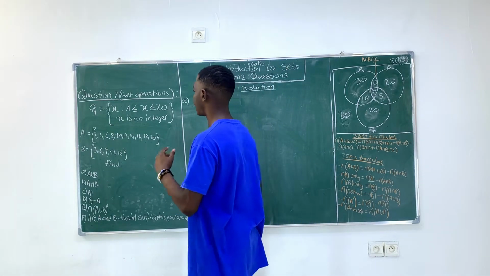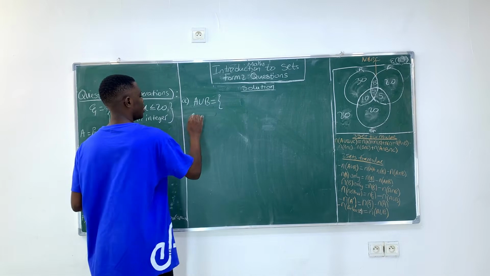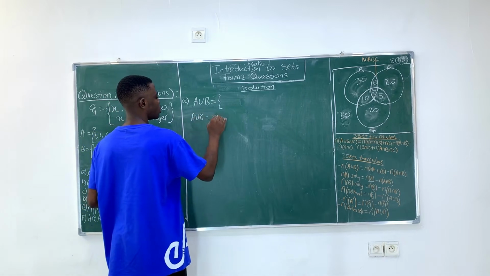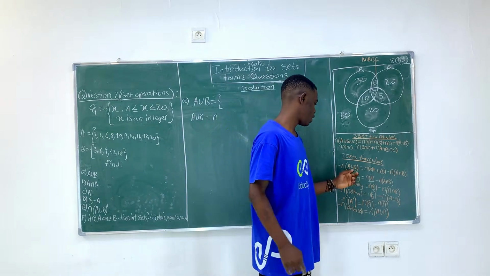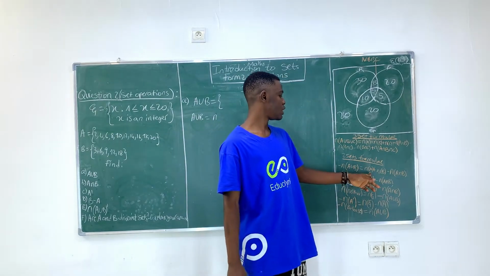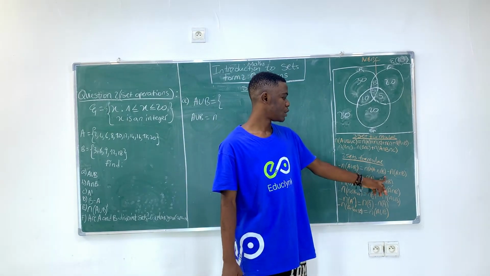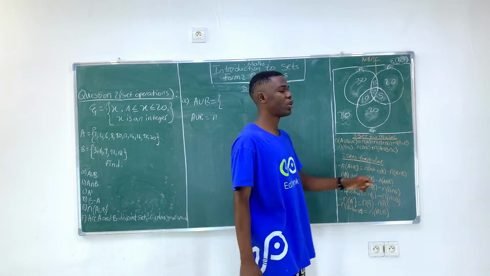So actually, what is the formula for A union B? A union B is equal to, I think it is here, yeah, n(A) plus n(B) minus n(A intersection B). What does that mean?